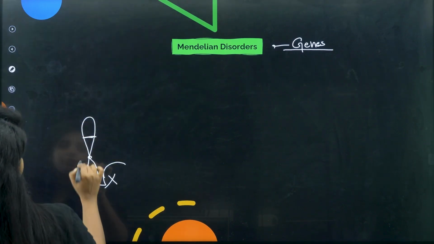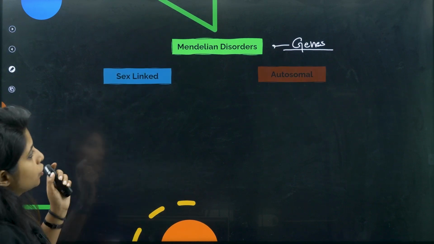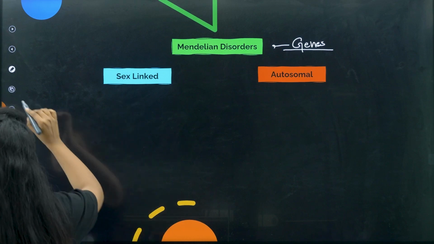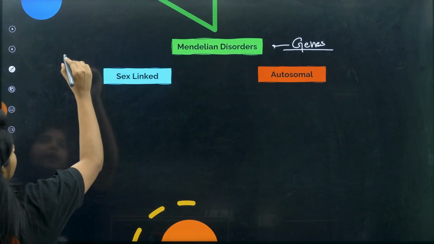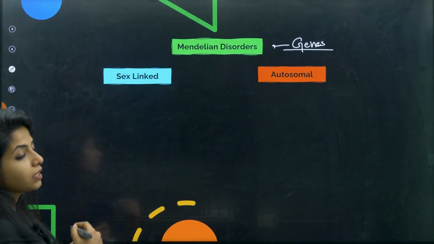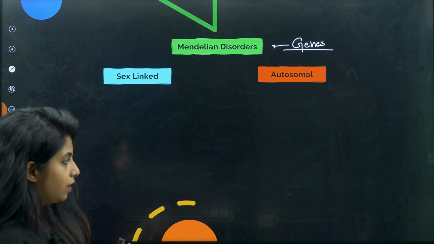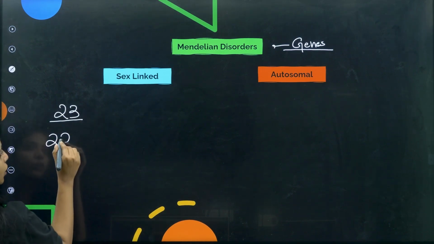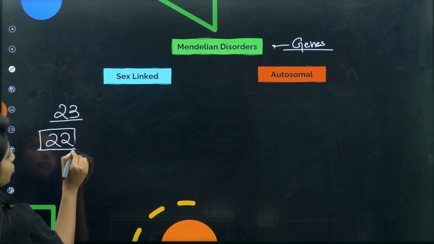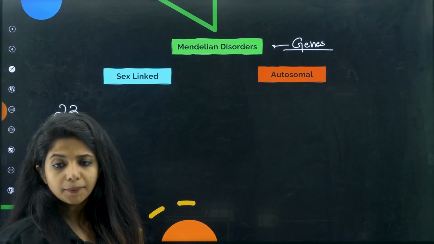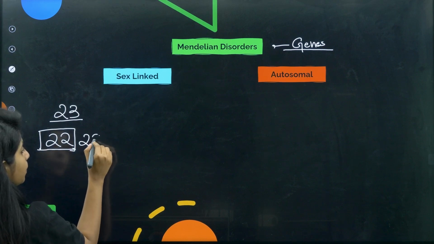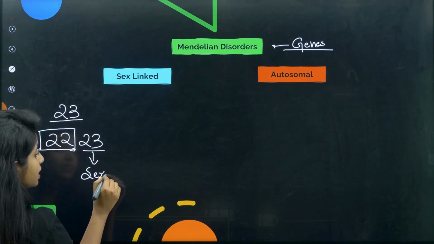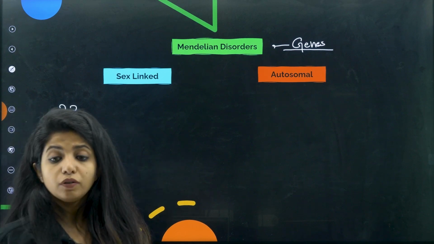Fine. Now, let's begin. You have two types, one is sex linked and the other one is autosomal. I hope, children, that you know that in our body, we have 23 pairs of chromosomes, right? Of these, 22 are responsible for all our physical characters. The 23rd pair is responsible for physical characters as well as our sex.